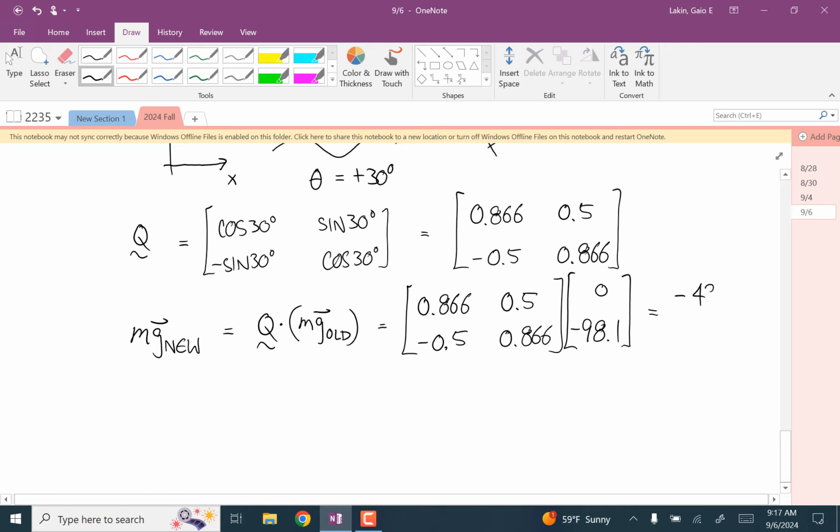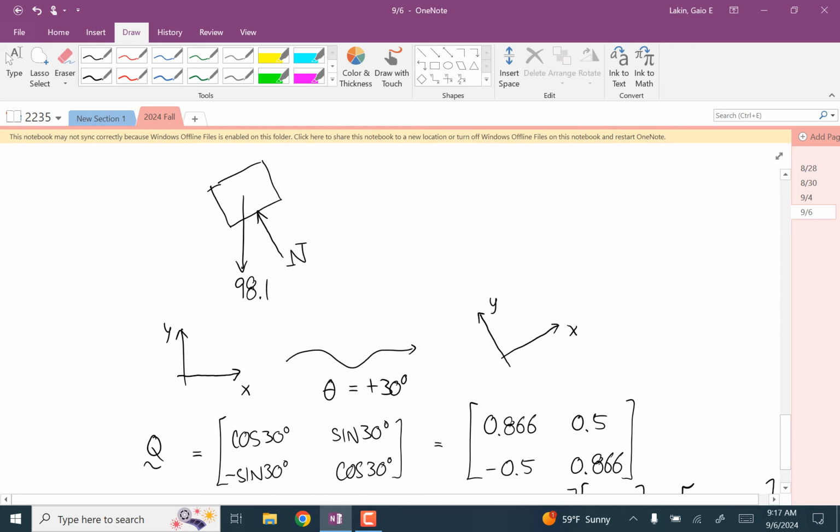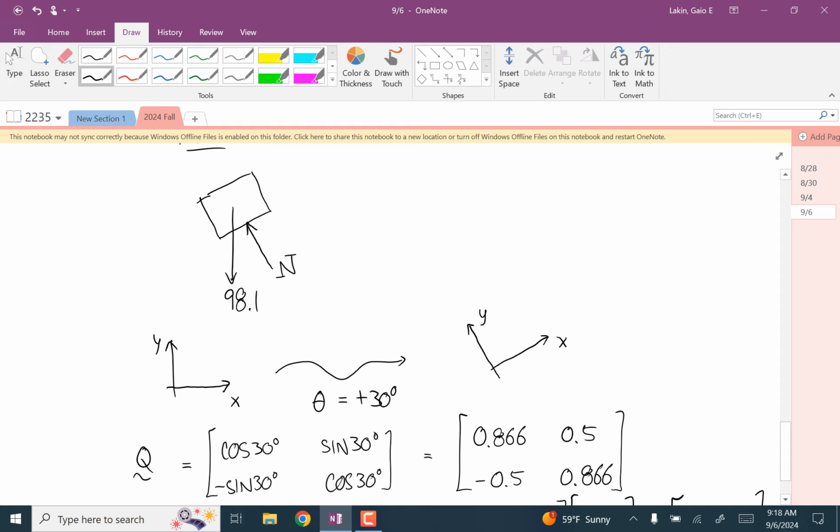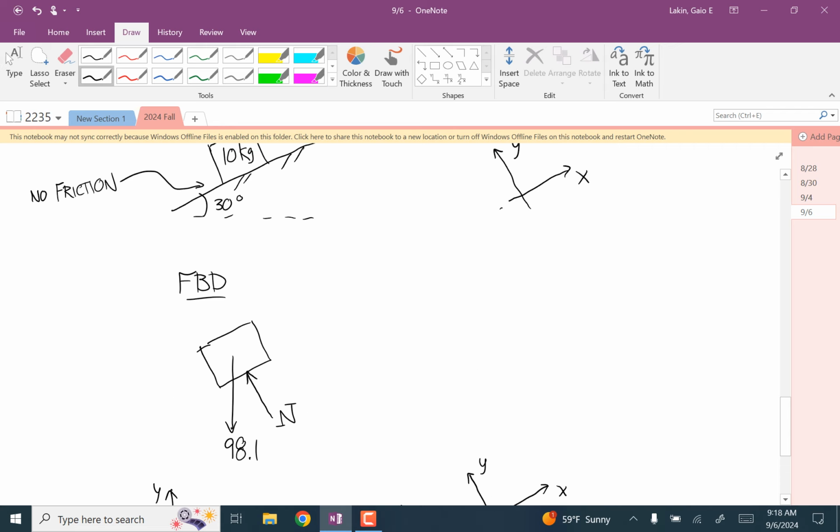Negative 49.05, negative 84.95. And you can see that at least that makes sense with, if this is the coordinate system, we know that this weight force vector is going to fall in that third quadrant over there. So it makes sense anyways.